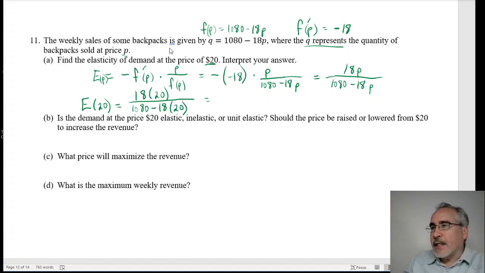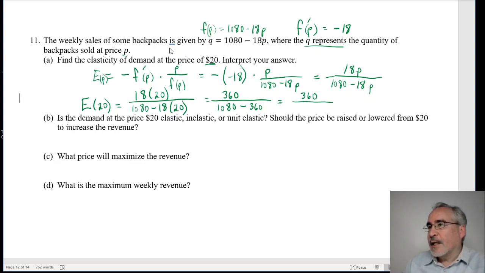2 times 18 is 36. Put a 0 on it because of the 10 power, so 20 times 18 would be 360. This is 1080 minus 360. So we get 360 over 1080 minus 360, that would be 720.